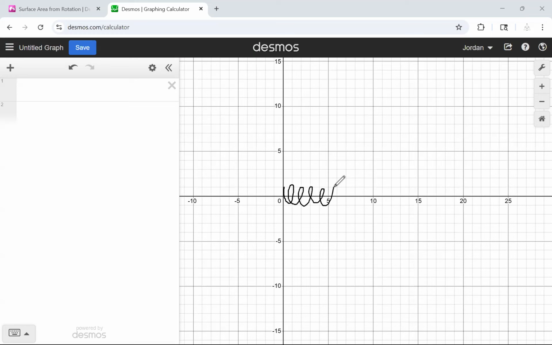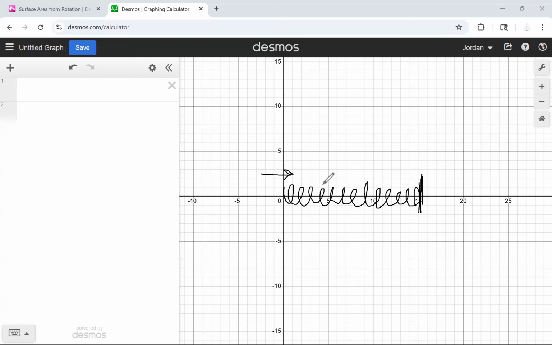And then the spring is going to go, I know this is a poor drawing, all the way down till it hits 15. So think about anchoring the spring at 15, and we're going to compress in that direction.